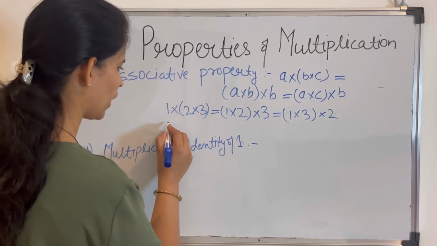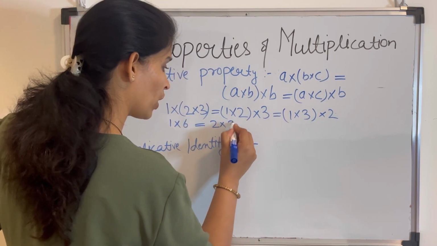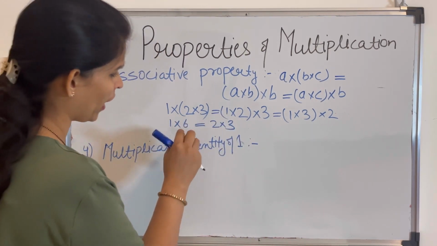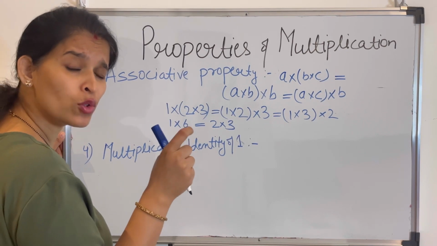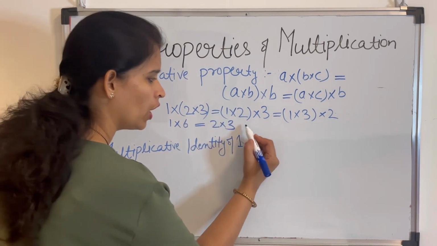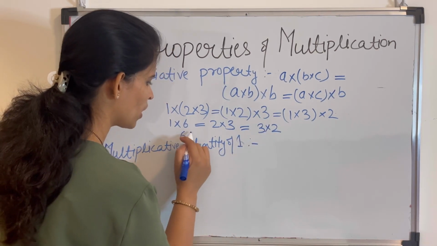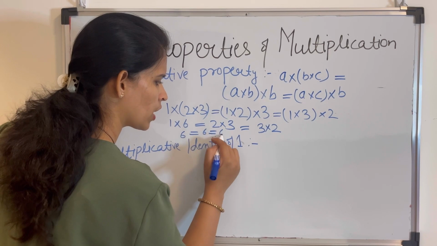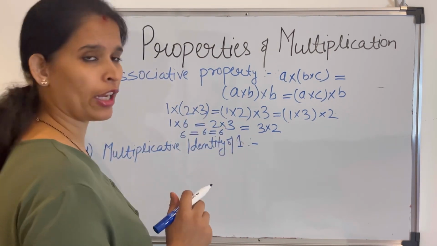So you can see that 1 multiplied by 6 is equal to (2 into 3) into 1. I hope you understand why I have put 6: we have to solve the bracket first. Bracket first, 2 into 3 is 6, and 1 into 6 is 6. So this property holds in multiplication.